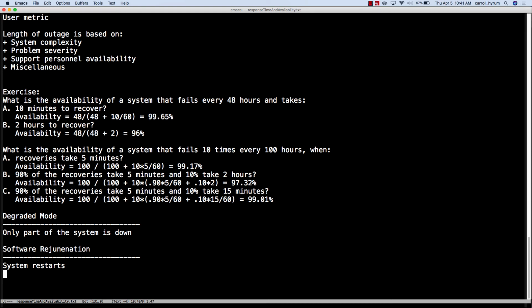And you know what? It works. Assuming I have internet, because something went wrong. I don't really care to know what, I just want it to work. And so software rejuvenation is to do a system restart.